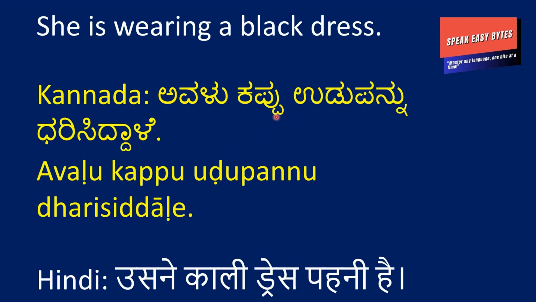Whenever you see at the bottom there is a letter, in these places you have to stress some more. Kappu, pu. So that is dha. You have to be a little bit more stressful. In Hindi they say usne kali dress pehni hai.